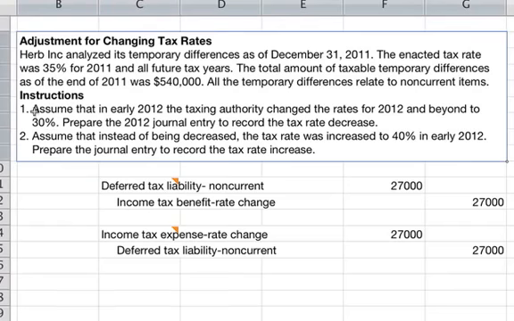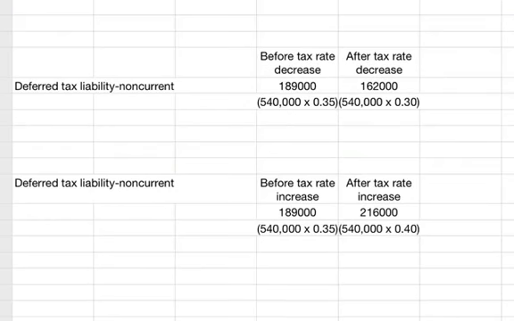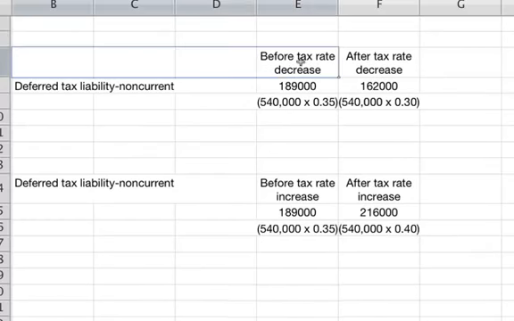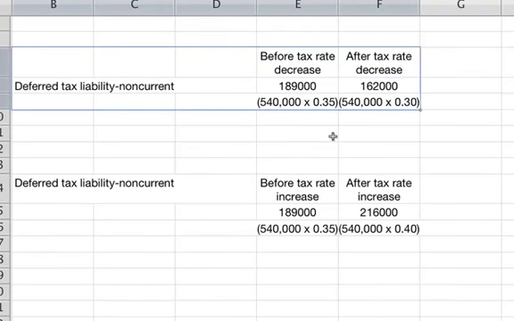So, if we do this, we assume that in 2012 the rates changed to 30% from 35%. You can make up a little table like this. So, before the tax rate change, we have 540,000 of temporary differences.